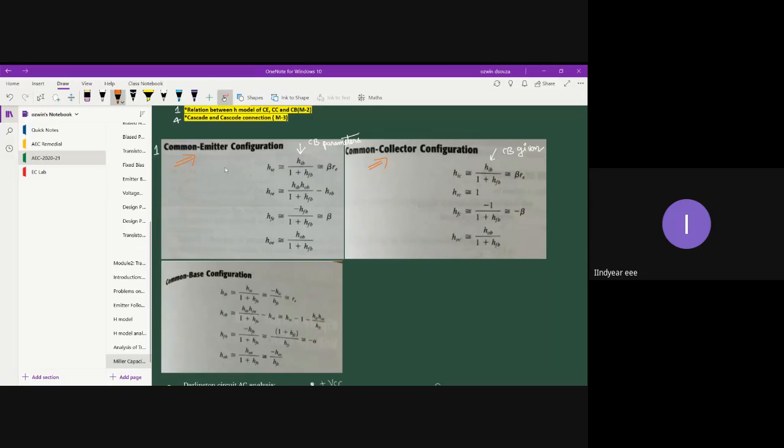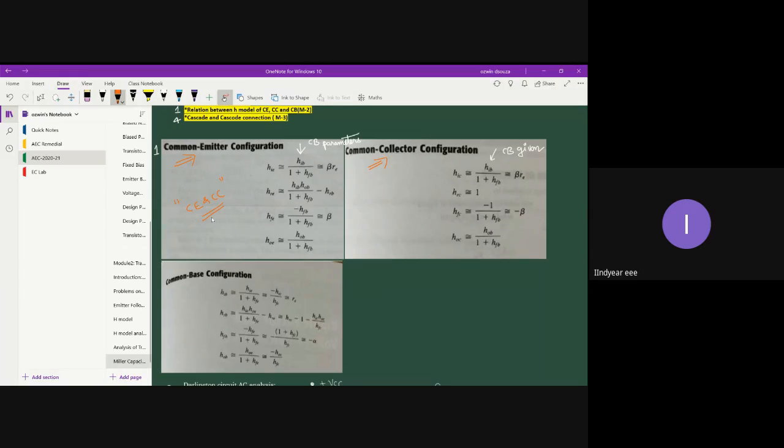For example, in the conversion from common base parameters to common emitter parameters, what is HIE? It is HIB divided by 1 plus HFB. In common collector configuration, in place of HIE you have HIC, and the formula remains the same, HIB divided by 1 plus HFB.